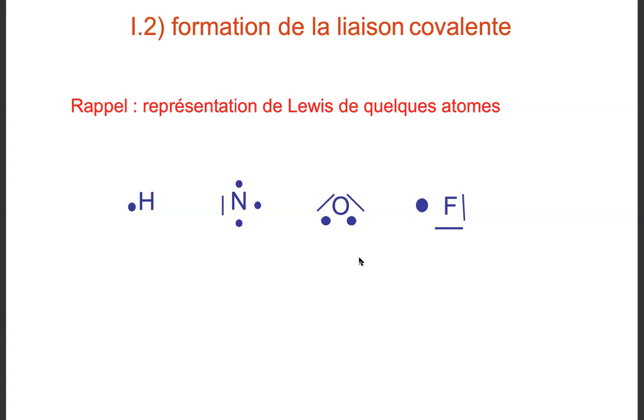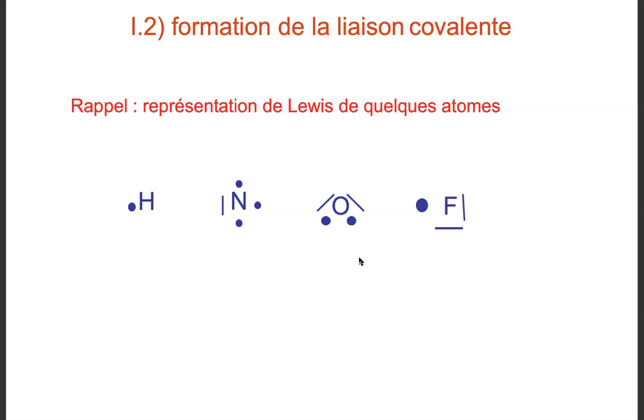Then you also have metallic bonding. This is just the metal itself and its delocalized electrons. We use it to show that in metals we have delocalized electrons, and because of them we have the conductivity of electricity.